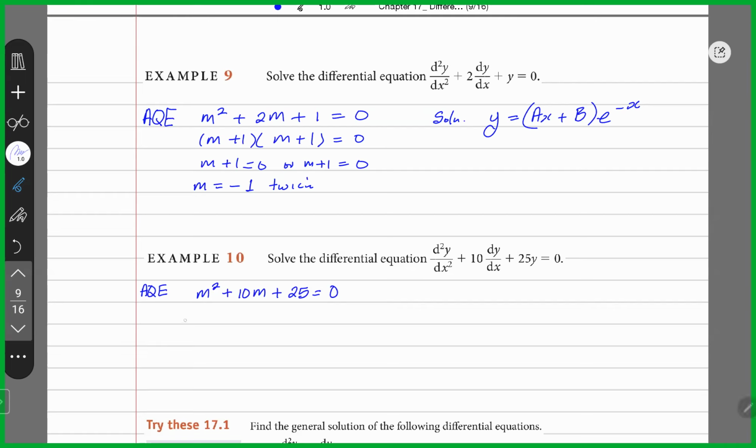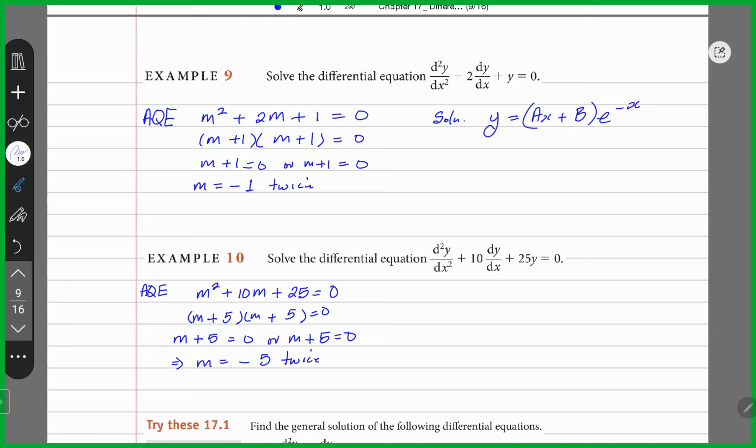In solving this, we need to first factorize. We have m plus 5 multiplied by m plus 5 is equal to 0. So m plus 5 is equal to 0, or m plus 5 is equal to 0. Therefore, m is equal to minus 5 twice.